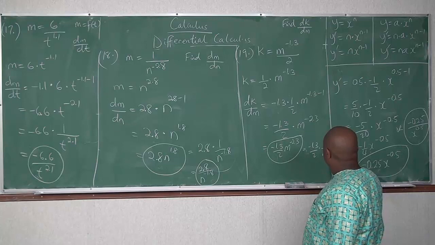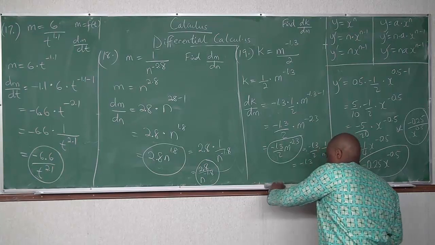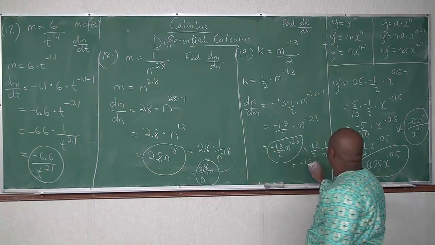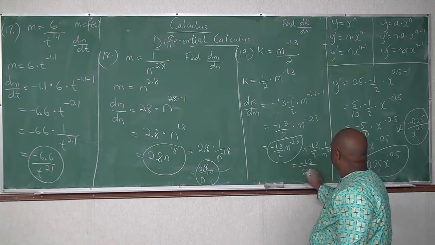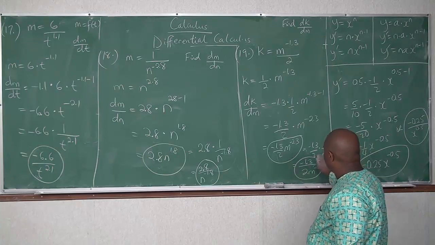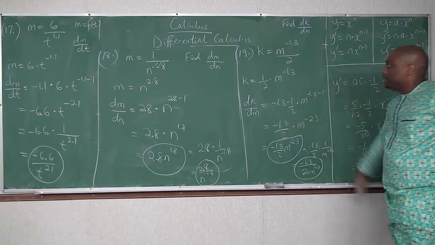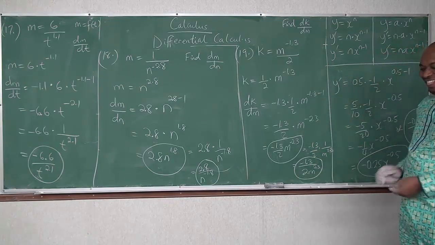If you leave it as positive exponent, I'll still take it. So this will be negative 1.3 over 2m exponent 2.3. I'll take it. I'll take this also. Yeah, I'll take it. Okay?